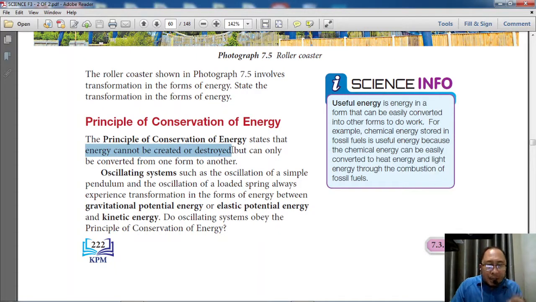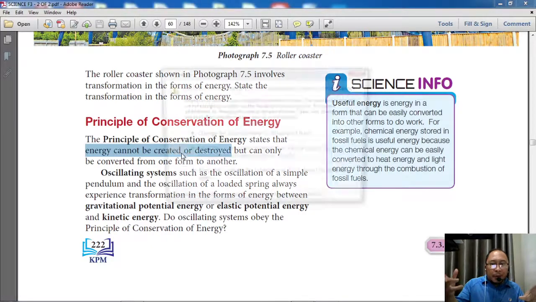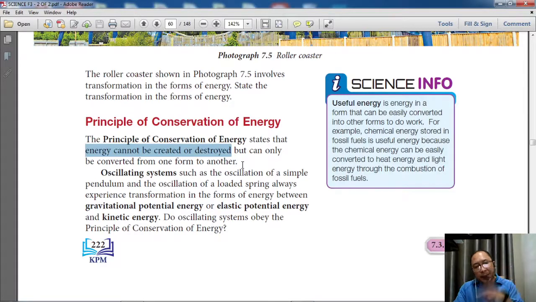So this energy, when created, is already there. Based on this situation, we can say that energy that exists cannot be created from nothing. Now this energy can only be transformed into another type of energy.